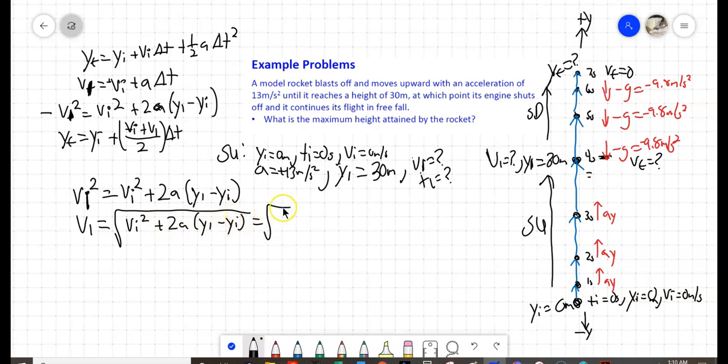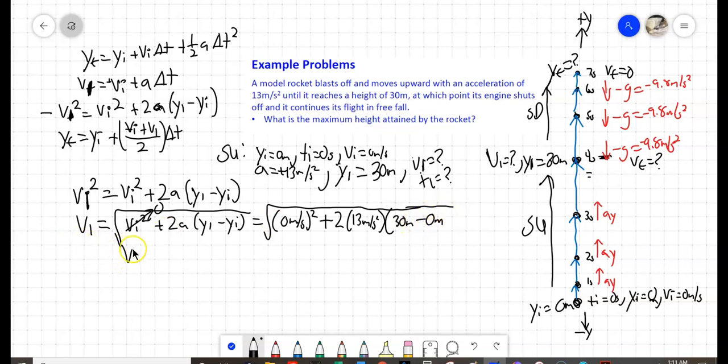Alright, let's put in our numbers. vi squared is going to be 0, so 0 meters per second squared is still 0, plus 2 times 13 meters per second squared, times 30 meters minus 0 meters.